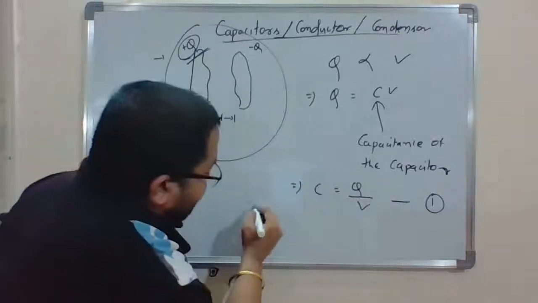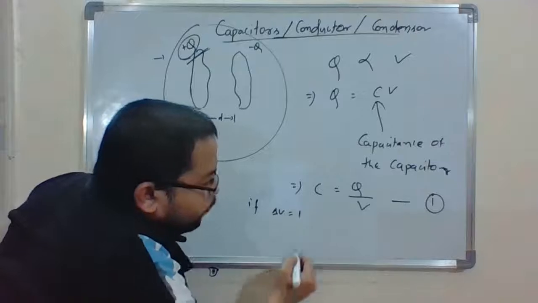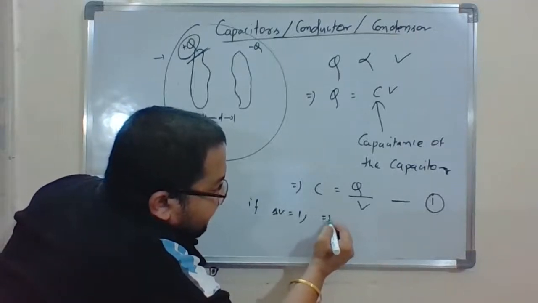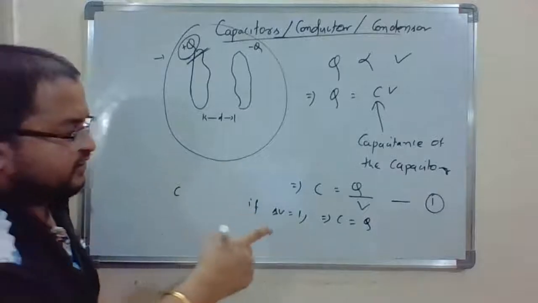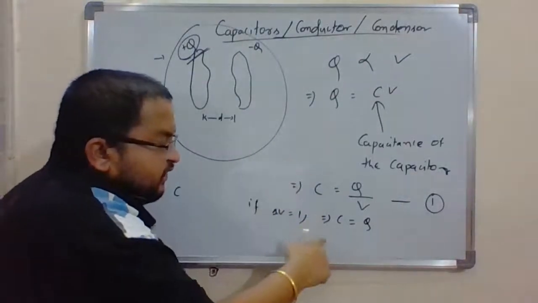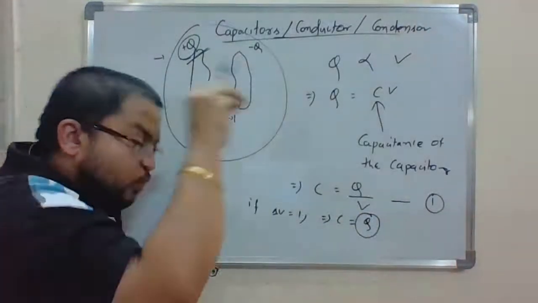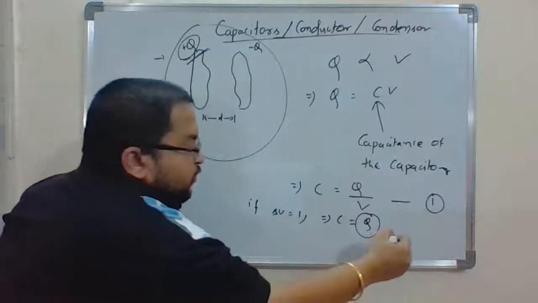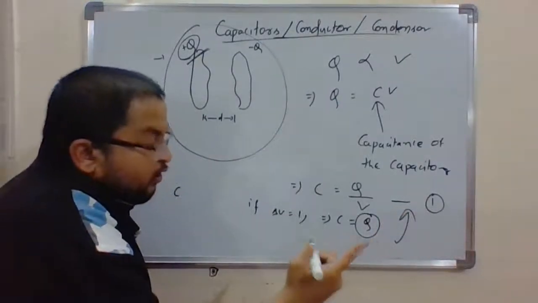If my denominator delta V equals one, then my C will be equal to Q. So capacitance of a capacitor is the amount of charge to be stored in the capacitor to increase the potential difference by 1 volt, or 1 unit.